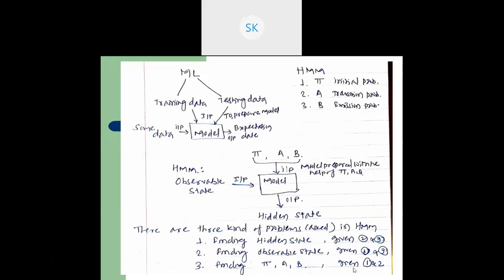Third, finding this pi, A and B given 1 and 2, that is, the hidden states and the observable states are given, and we need to compute the initial probability, A and B. In the first, we find the hidden state given the observable state, initial probability, transition probability, and emission probability.